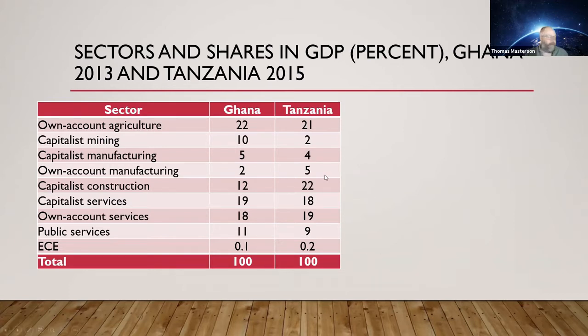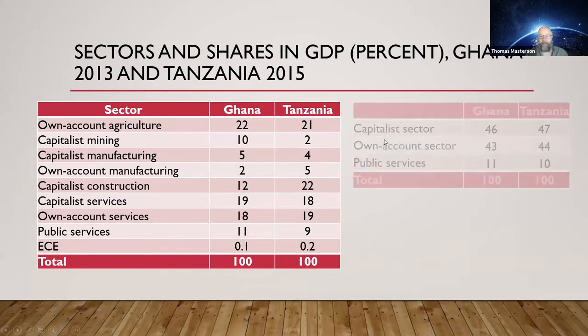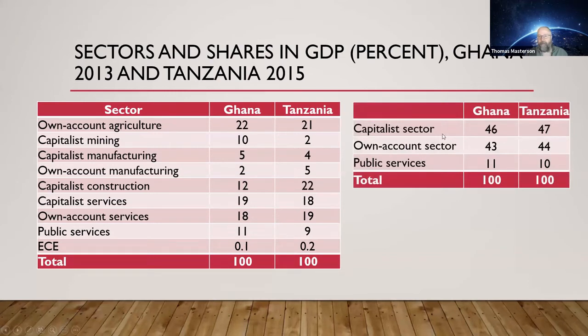Okay, so we have 9 aggregate sectors that we're going to use. We have 8 factors of production, right? The labor, and so in terms of making it more concrete, the capitalist sector is 46 and 47% of GDP, right? And the own account sector is 43 and 44%.